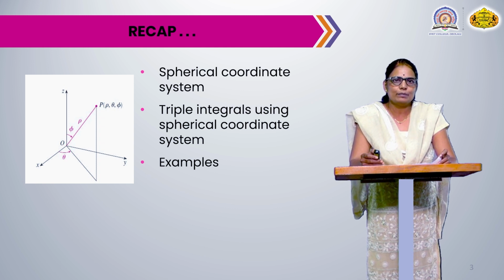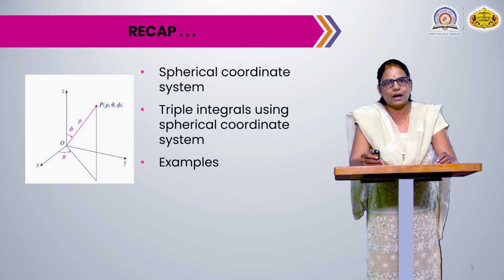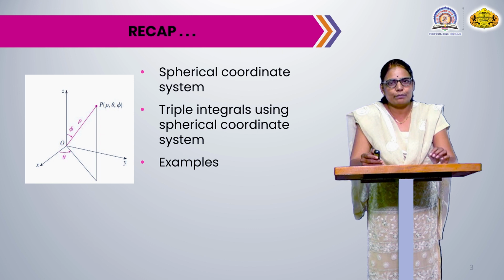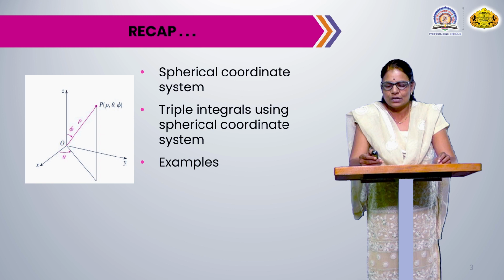Theta is the angle between the projection of the vector OP in the xy plane and the positive direction of the x-axis. The third spherical coordinate is phi. It is the angle between the vector OP and the positive direction of the z-axis, so it lies between 0 and pi, that is, 0 is less than or equal to phi is less than or equal to pi. Also we studied triple integrals using these spherical coordinates.